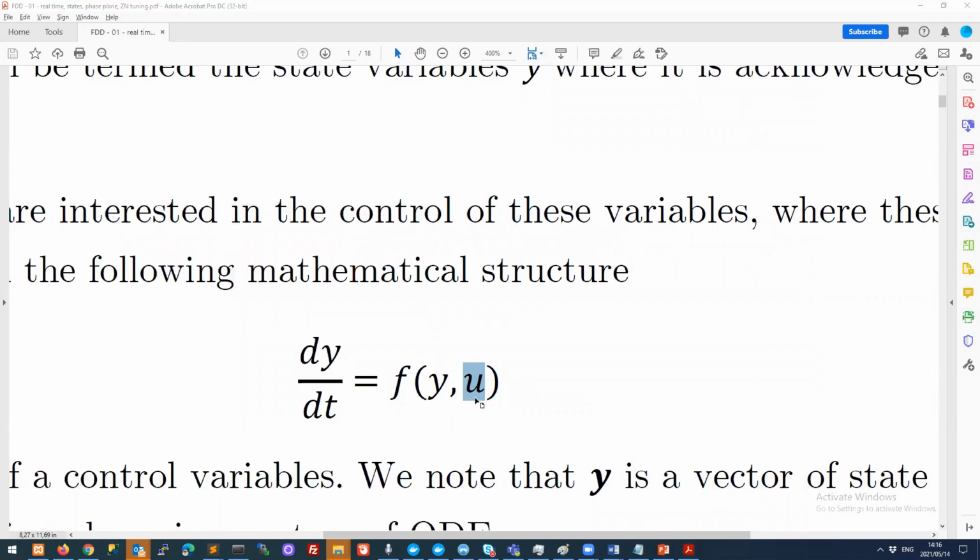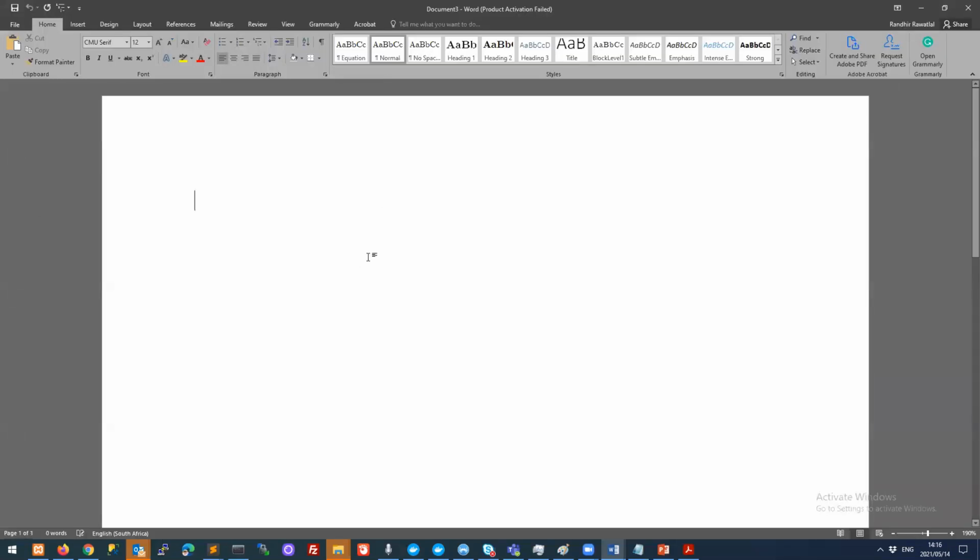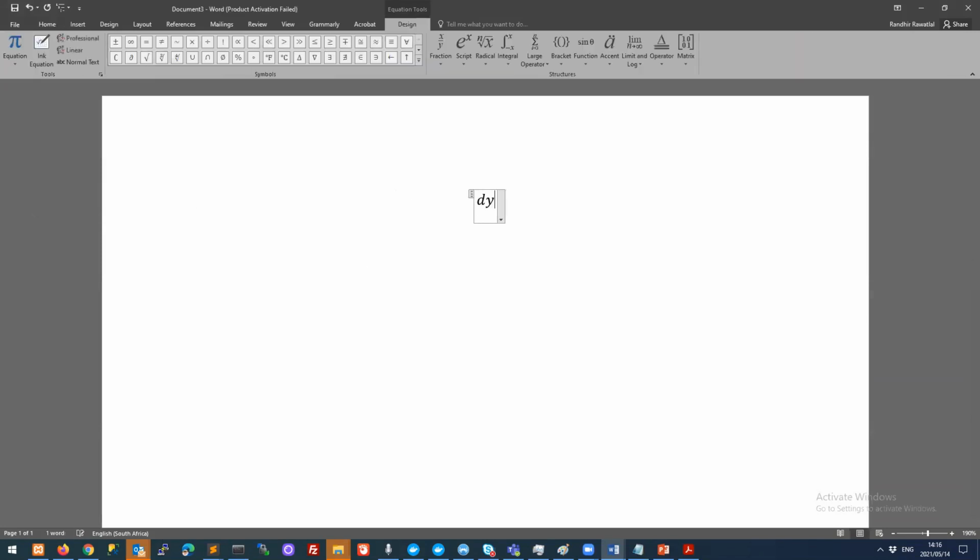And in fact, let's emphasize that. So I'm just going to make a kind of sketch pad here. So we've got dy/dt is some function of y and u. And these are all time functions. So that's what I wanted to emphasize. All this is obviously changing in time.